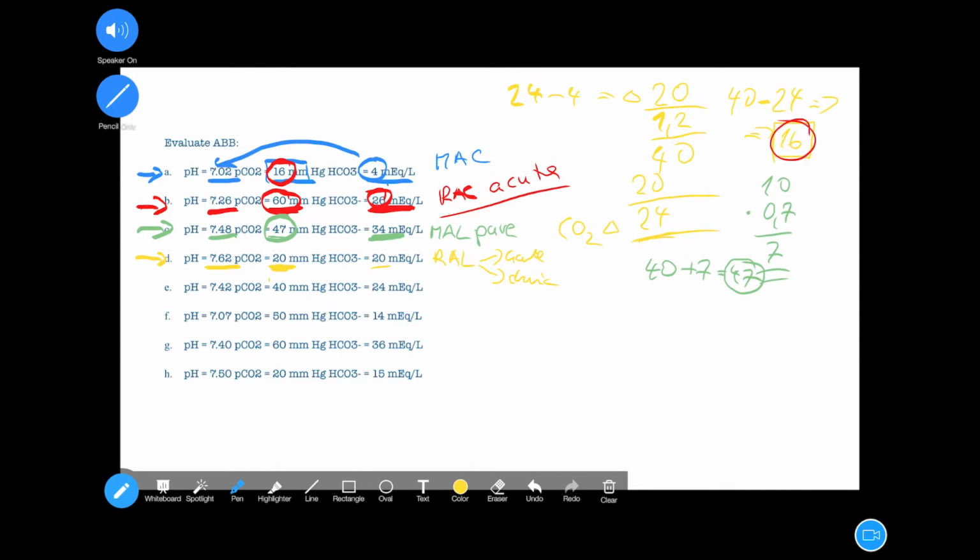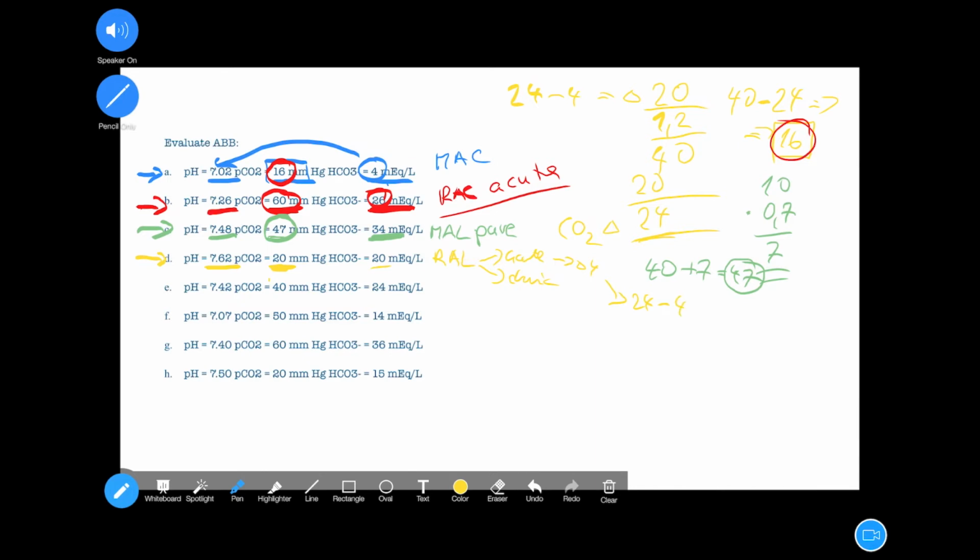And over here, as you can see, for every 10 decrease of CO2, the bicarb should decrease by 2. So this is decreased by 20. So the bicarb should be decreased by 4. By 4. And is it fitting?